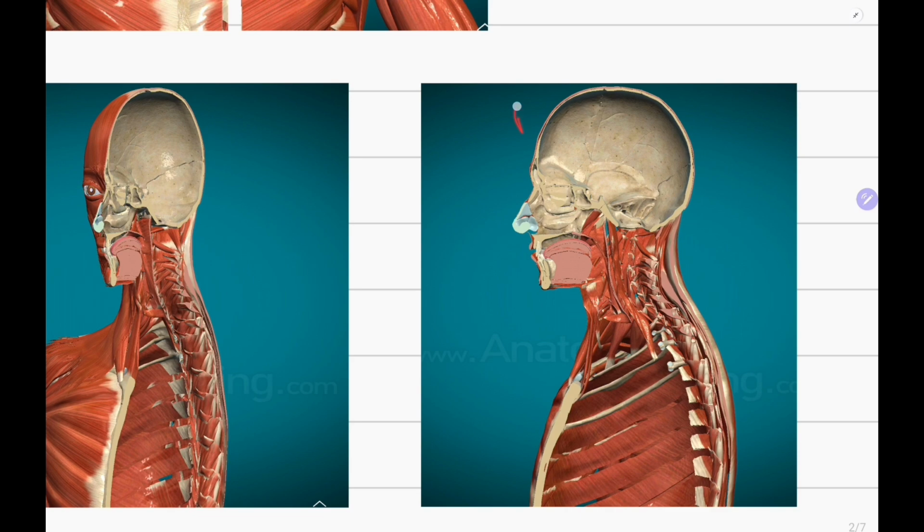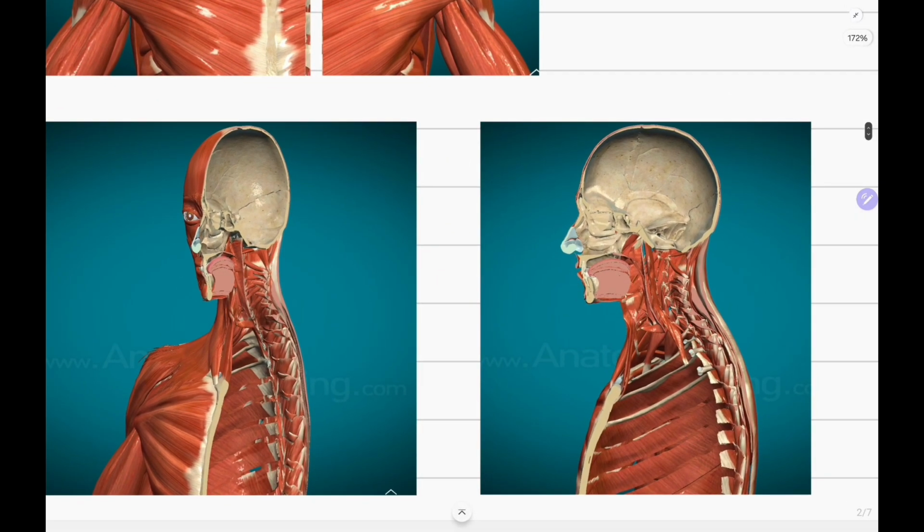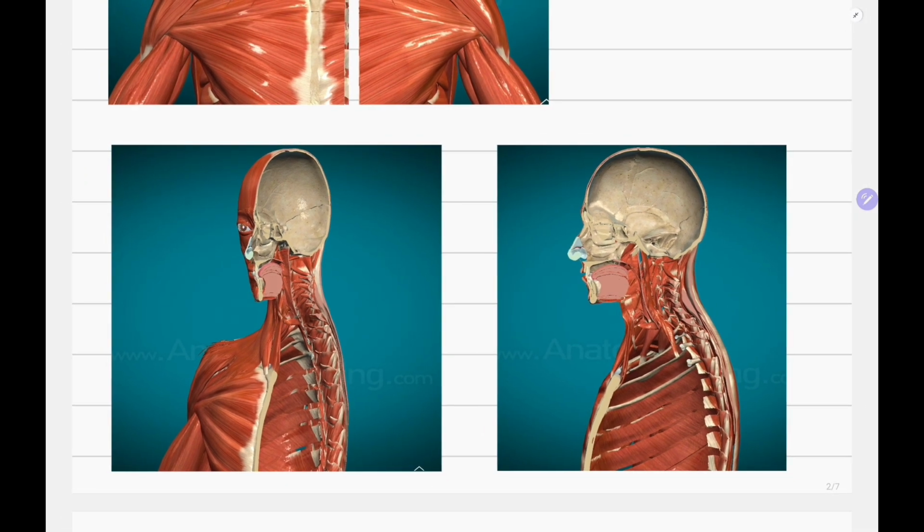So this is the right half of the person, and to view the right half, I have removed the left half. I hope you get the point, and the big picture is that we are slicing the body to view the internal organs, and to do that we have to change our point of view to see the sliced section of the body.